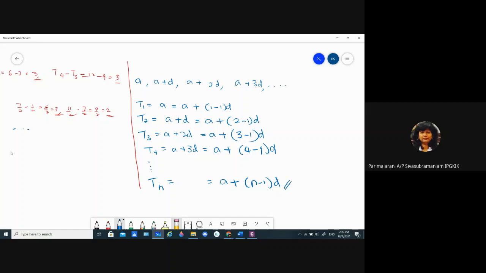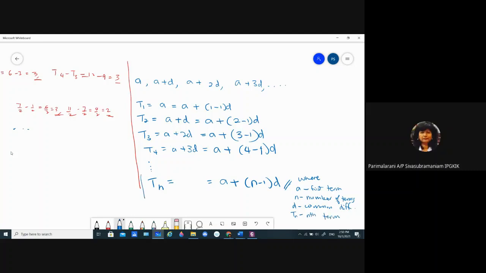So this is our formula to find the nth term in the arithmetic progression, where A is the first term, N is the number of terms, D is the common difference, and Tn is the nth term.